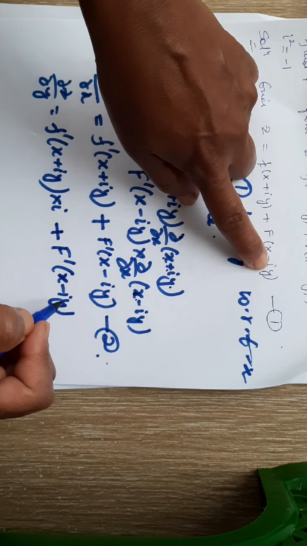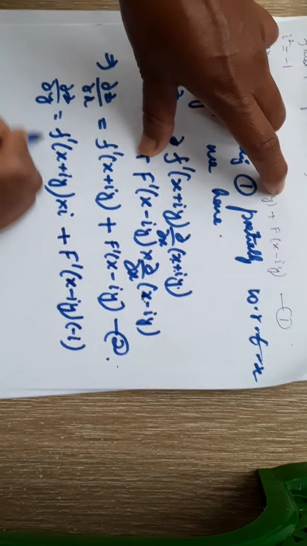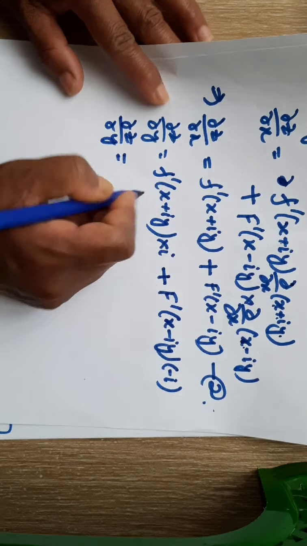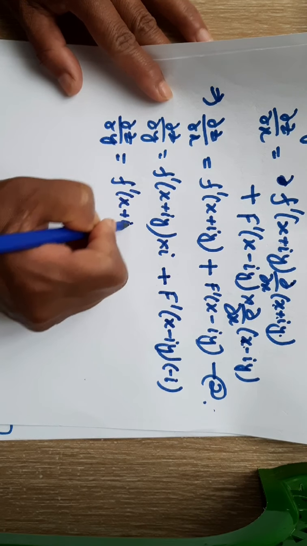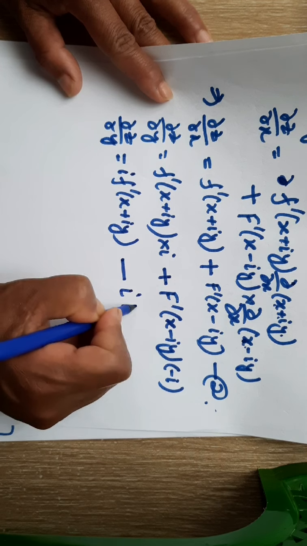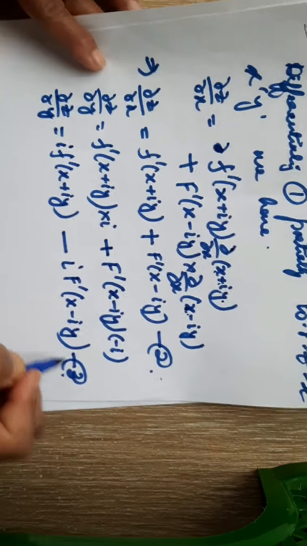Differentiation of x will be 0, but iy will be −i. So it will be −i. On simplifying, you'll get ∂z/∂y is equal to i f'(x + iy) minus i F'(x − iy). Name this as equation 3.